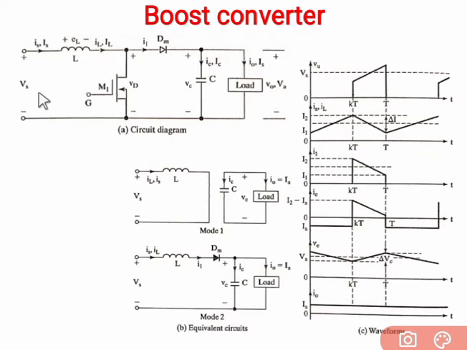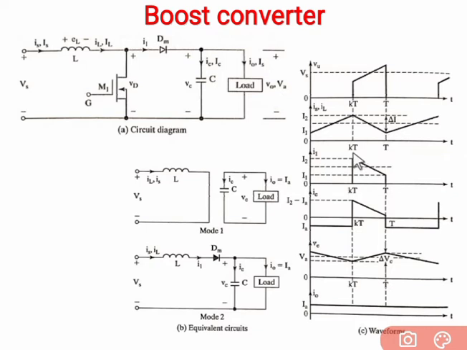The full voltage Vs appears across the inductor, and the input current Is flows through this inductor and the switch up to the on time. So considering the on time between 0 and kT, the current increases from I1 to I2 and reaches the peak value I2 at the end of this interval at time kT.